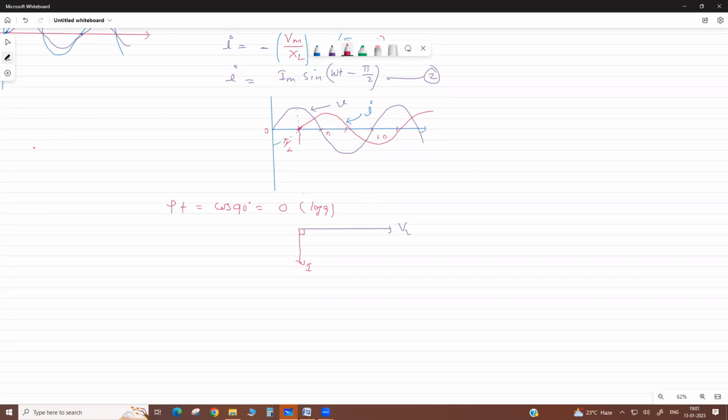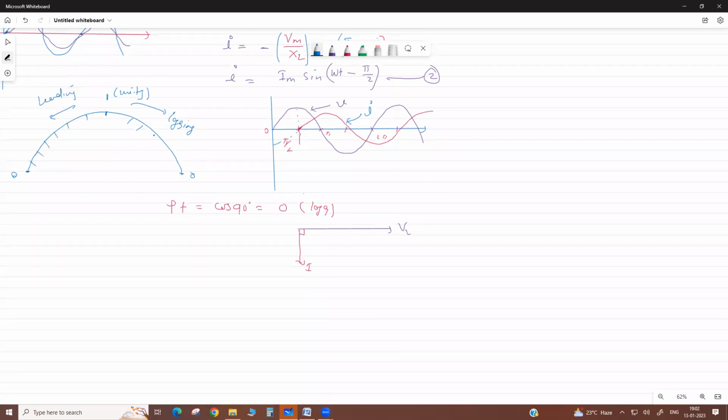If you see the power factor meter, there is a scale like this. Here it is 0, here is also 0, and this is the maximum, unity 1, unity power factor. This side is lead, this side is lag: 0.9, 0.8, 0.7, 0.6, 0.5 like this.